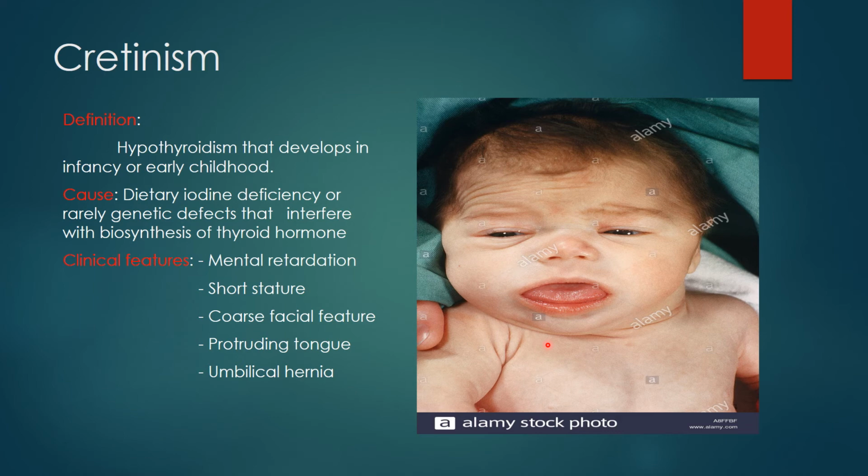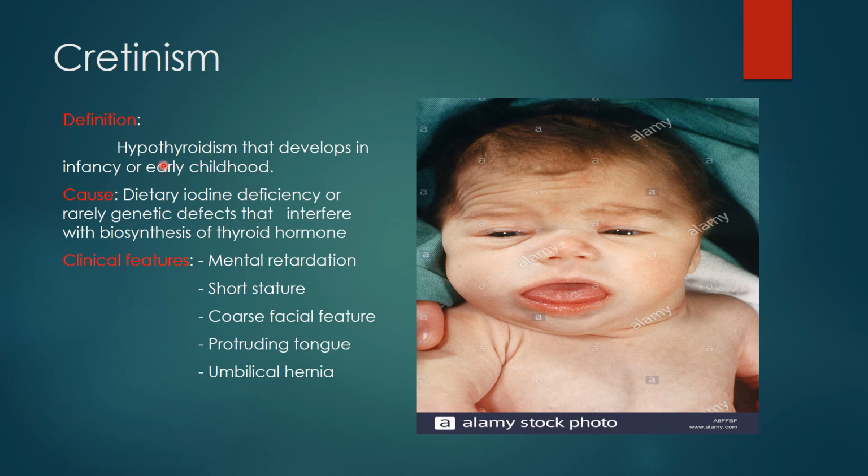Now, my dear student, I am discussing with you two entities encountered in hypothyroidism. If hypothyroidism occurs in infants or in young children, it is called cretinism. If it occurs in older children or in adults, it is called myxedema.